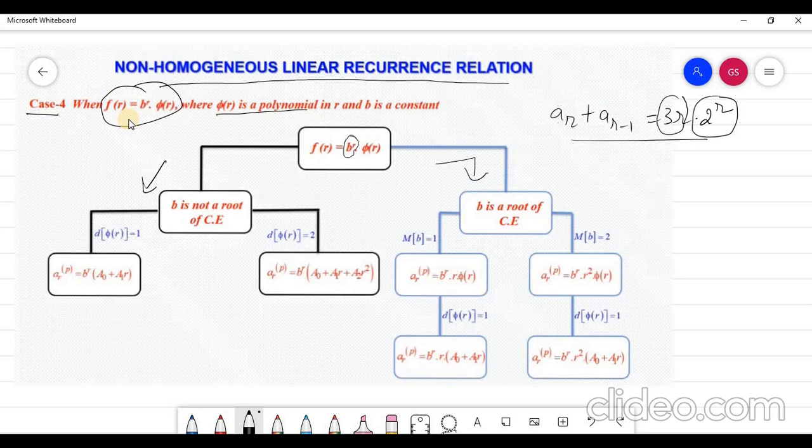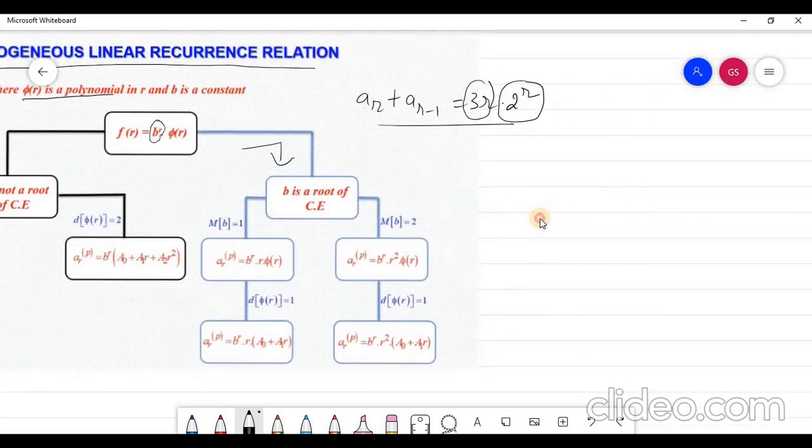This is just a layout of how we can get to the solutions, or what the particular solutions are when b is not a root of the characteristic equation. So we will start with an example so that we can easily understand what we are going to discuss today. Simultaneously we will also discuss this chart.